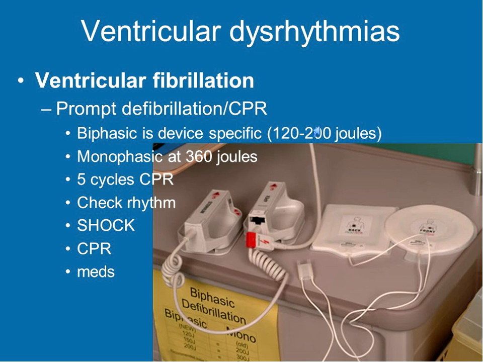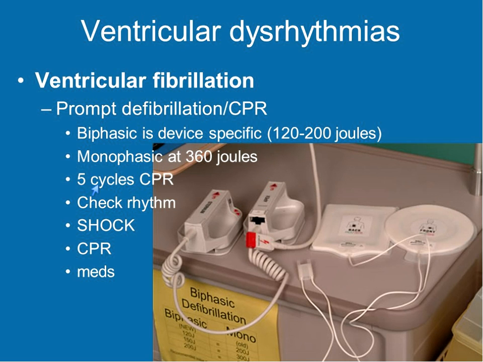If you don't know, for VFib, you just use 200 joules. The AEDs that you can pick up are device specific, but you don't set that. The AEDs are already preset. All you have to do is follow directions and push a button. Monophasics, you will defibrillate at the max joules, which is 360.